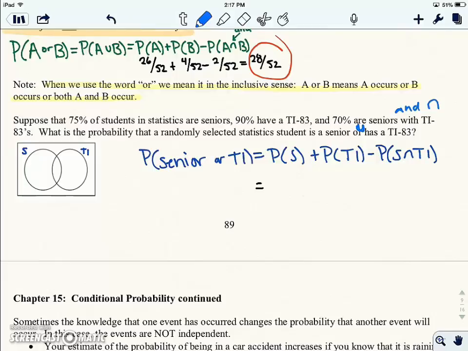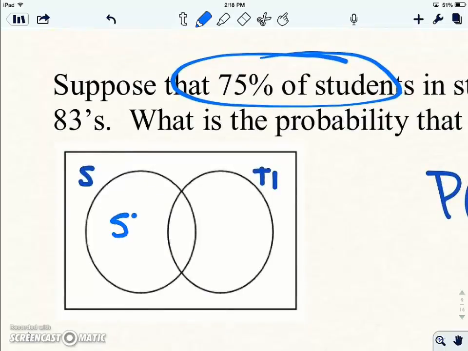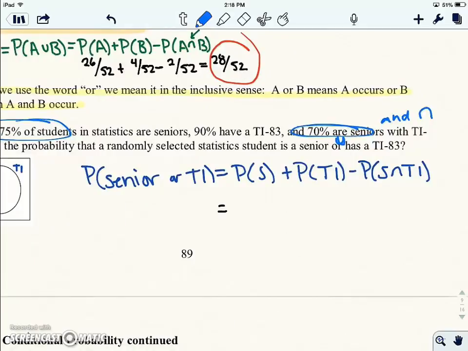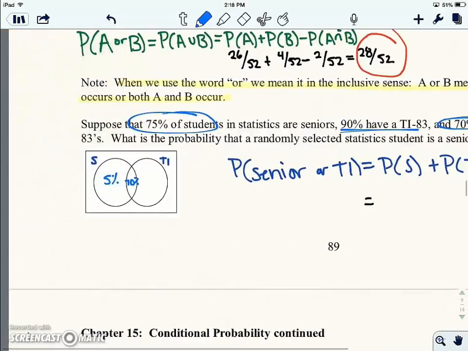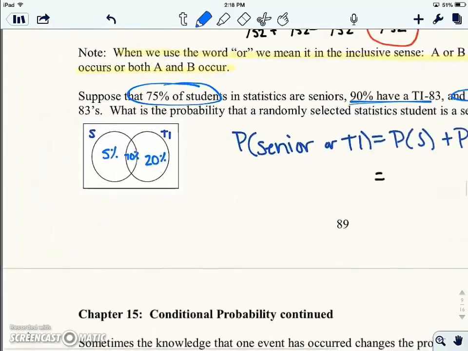So if I were to fill that in, we have 75% of students are seniors, and 70 of those are seniors with a TI-83. So that would be 5% out here that don't have it, 70% that do. And then 90% of kids have a TI-83. 90 take away this overlapping 70, and we have 20% that are not seniors that have a TI-83.